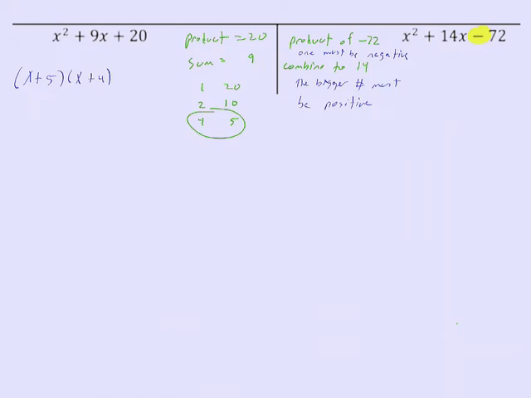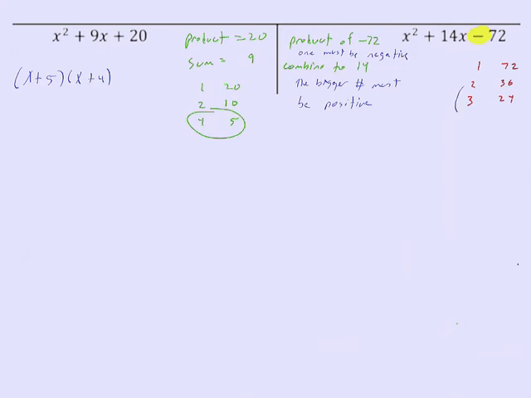So numbers that multiply to 72. 1 times 72. 2 times 36. 3 does go into 72. 3 times 24. 4 goes into 72. By the way, a cool trick here, if you're not sure how many times 4 goes into 72, you can think, well, 2 times 36 works.